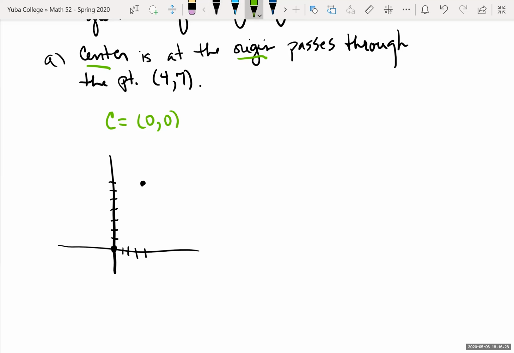So I know that looking at this, the length in here is the radius. So I've got to figure out what that distance is.